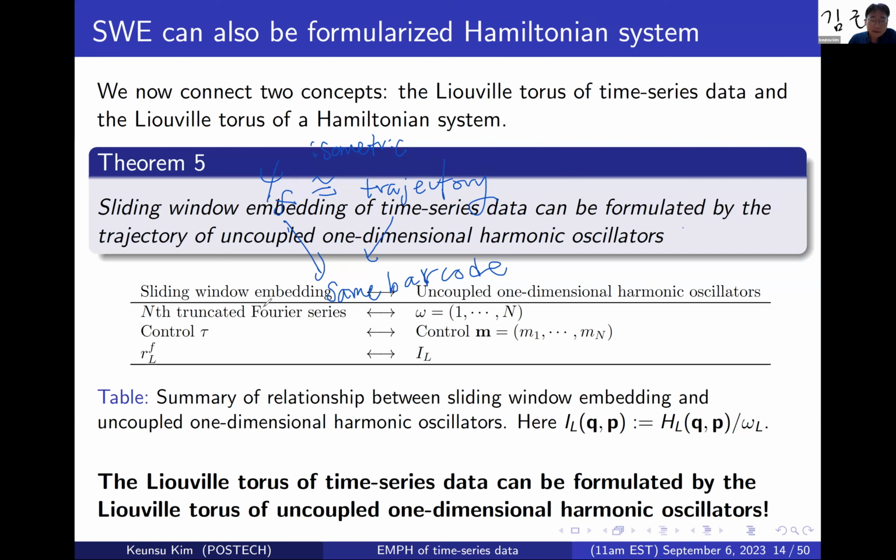And this table shows the relationship between the sliding window embedding and the uncoupled one-dimensional harmonic oscillator. Here, n is the trigonometric polynomial degree, corresponding to the number of harmonic oscillators, each with a frequency that is a multiple of the fundamental frequency.